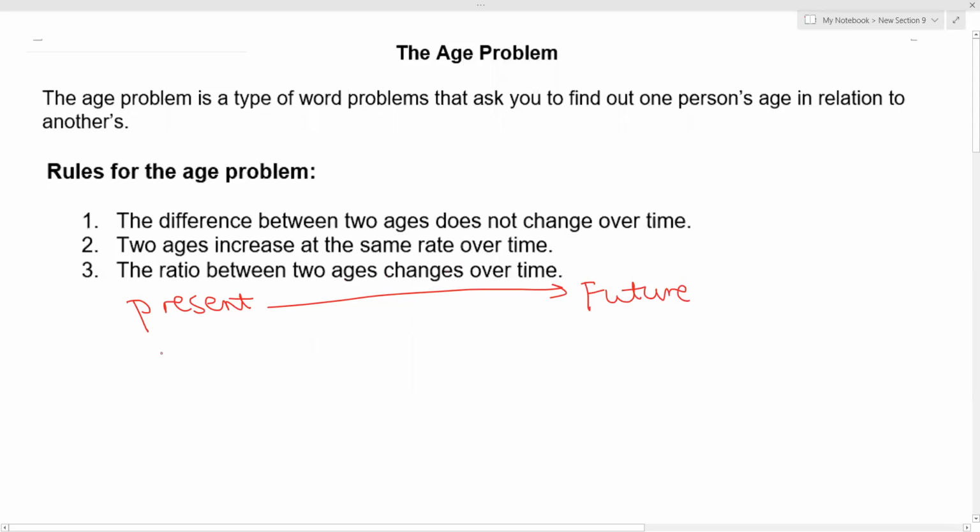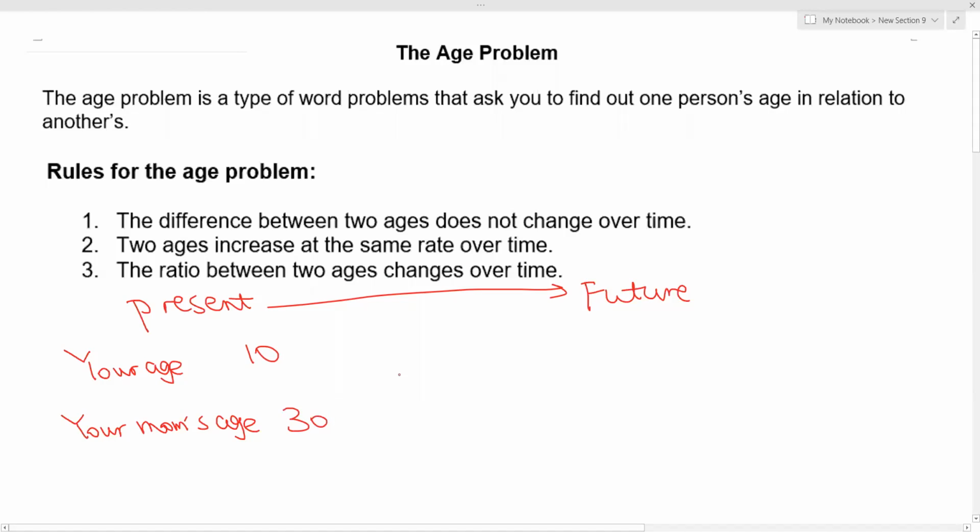In the present, let's say your age and your mom's age: your age is 10 and your mom's age is 30.